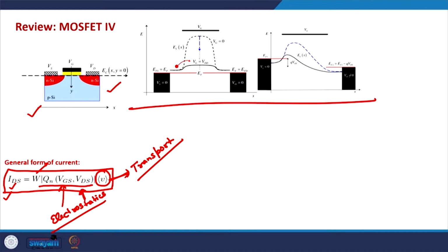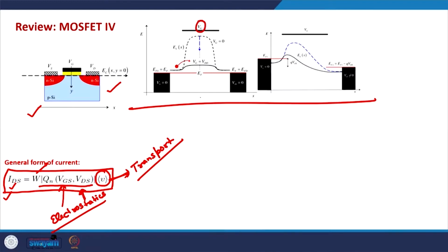There is a barrier in the channel because of the geometry of the MOSFET, and this is the energy barrier for the electrons, and this barrier can be controlled by the gate voltage. The height of the barrier can be controlled by the gate voltage, and the barrier asymmetry can be controlled by the drain voltage. So, this is the effect of the gate voltage on the barrier, and this is how the effect of the drain voltage looks on the barrier.